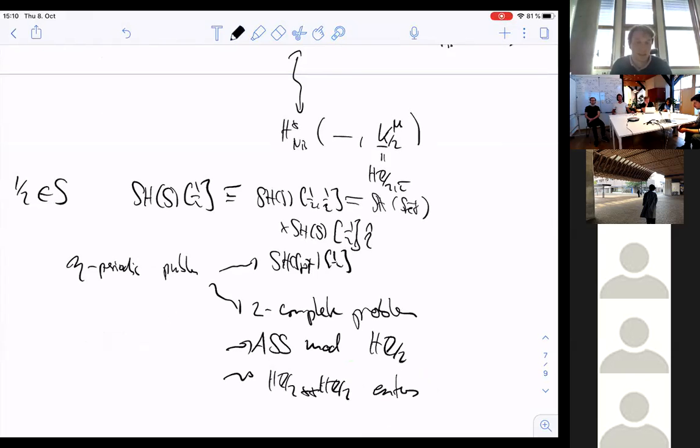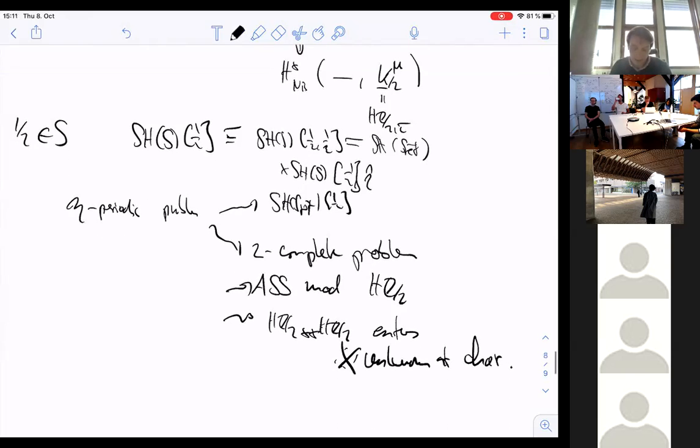We know the motivic Steenrod algebra, but we don't know it at characteristic 2. I think this is fundamentally where it comes from. We have this trick where all primes other than 2 are not relevant. And usually you would always have the problem that the p-complete problem can only be done if p is invertible in your base. Not always, but very often. And somehow only 2 enters here.